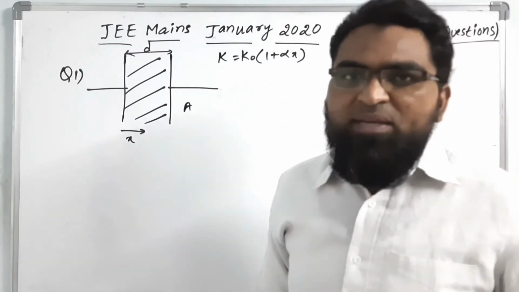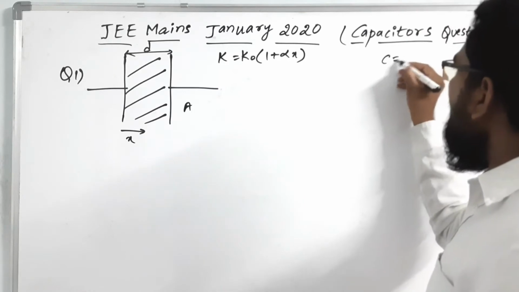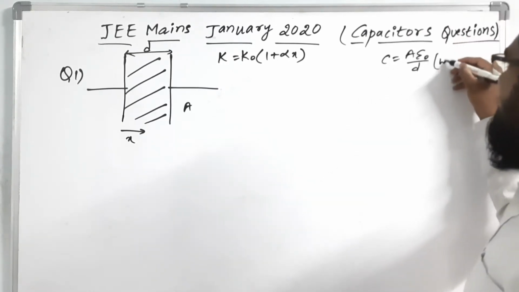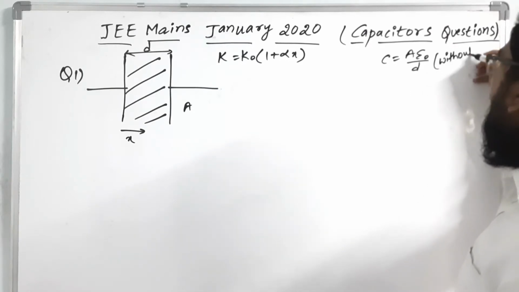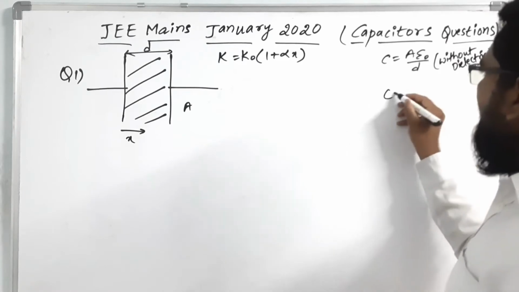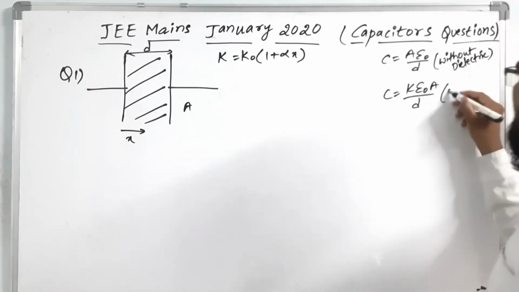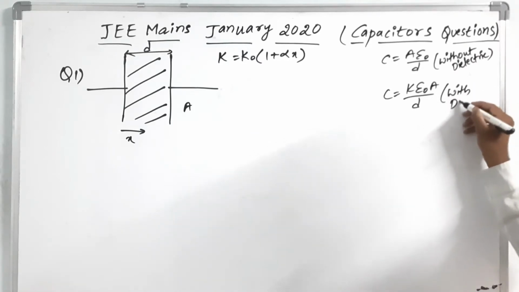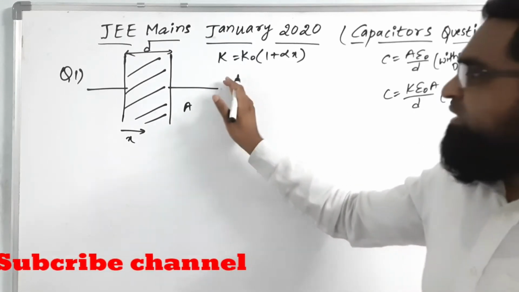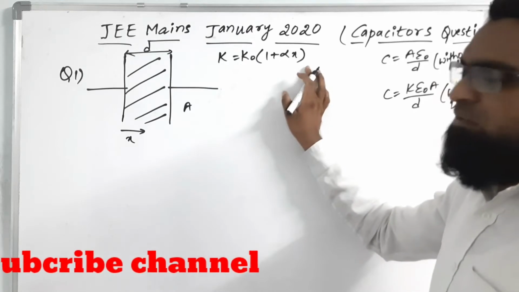We know that for a capacitor without dielectric, capacitance C is equal to A epsilon naught by D. And with dielectric, C is equal to K epsilon naught A by D. In this question, the dielectric constant K is equal to K naught of 1 plus alpha x.